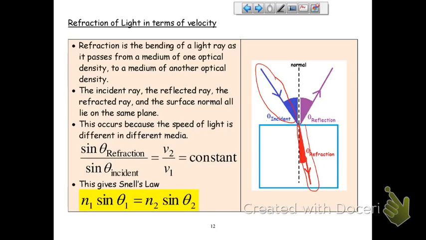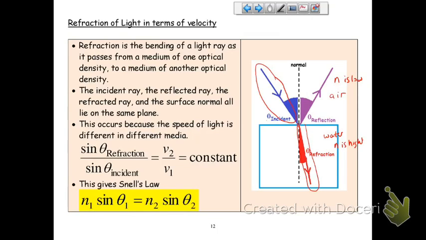And that's because this is something like air, and that's something like water. So I'm going from a low n to a high n. When I go from a low n to a high n, I am refracted towards the surface normal.